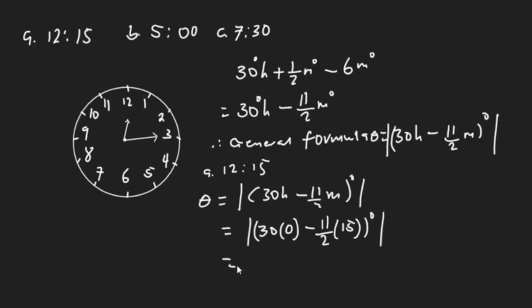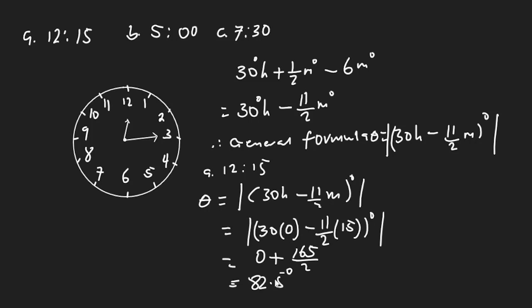So this is equal to 0 plus 165 divided by 2. We have plus because the absolute value will give us a positive number. So this is giving us 82.5 degrees.